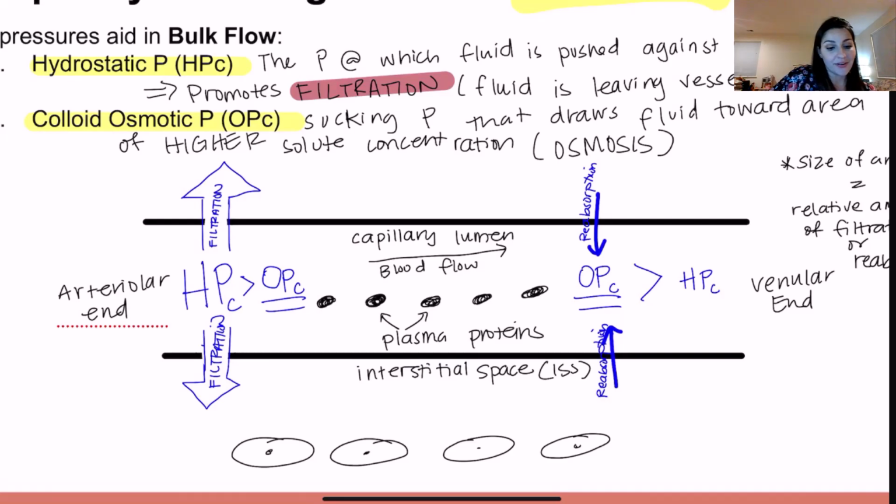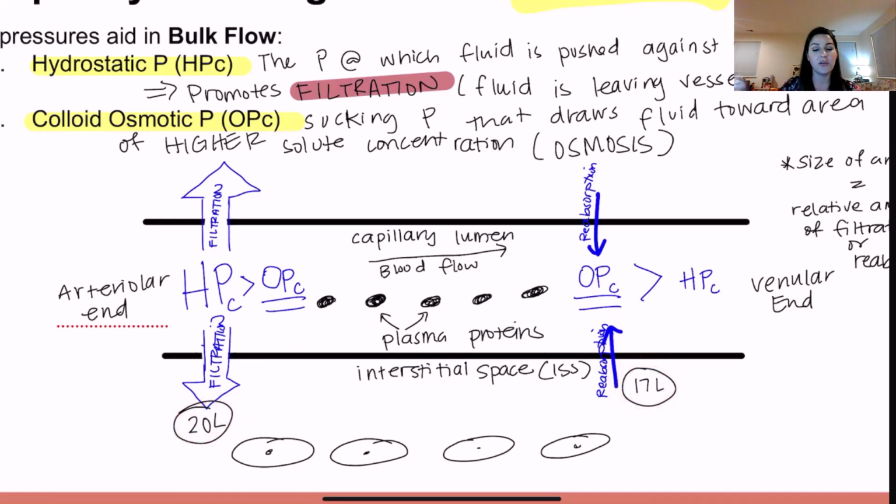So on average, if we were to assign these numbers, on the arteriolar end we would filter about 20 liters of fluid on average. We would reabsorb 17 liters of fluid on average. So 20 liters and 17 liters, that's not the same number.